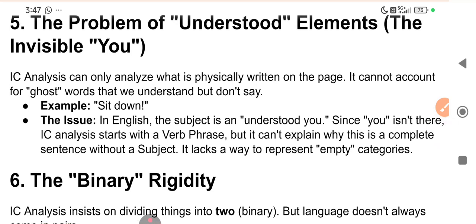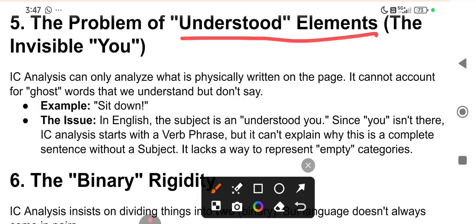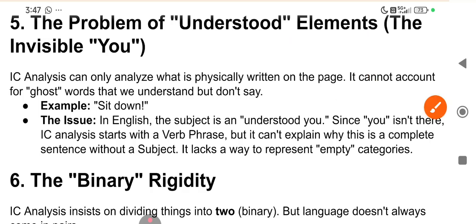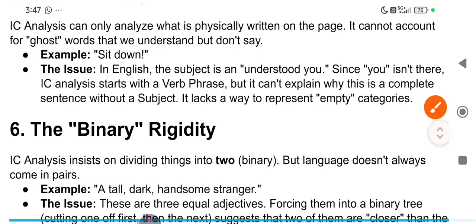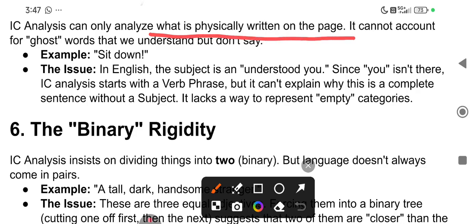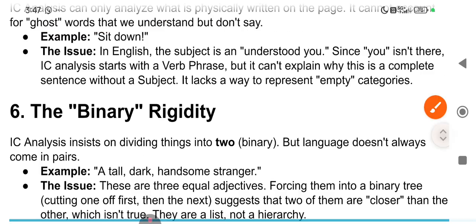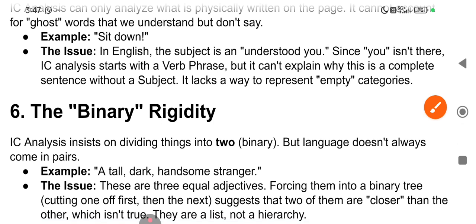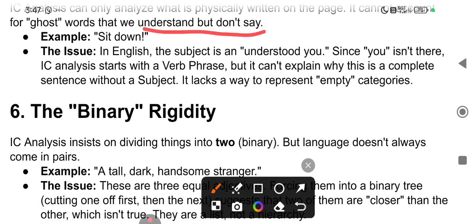Then the problem of understood elements. The invisible understood elements means, for imperative sentences, where you is implied or invisible. IC analysis can only analyze what is physically written on the page. Very important. It cannot account for ghost words, that we understand but don't say because you is not required.